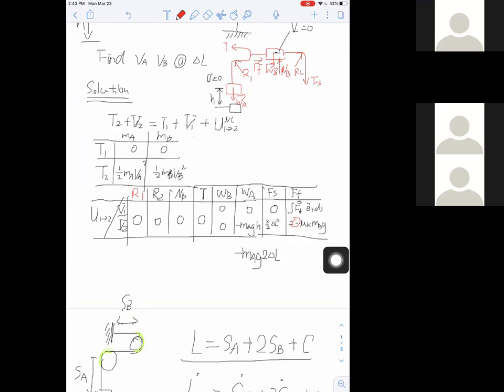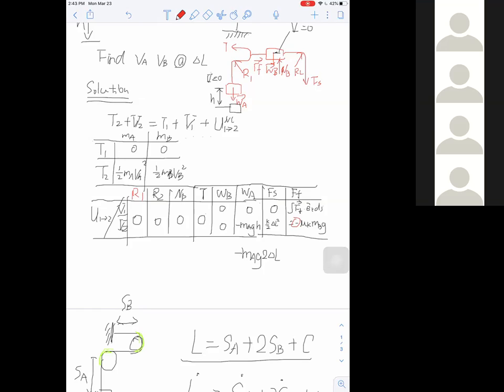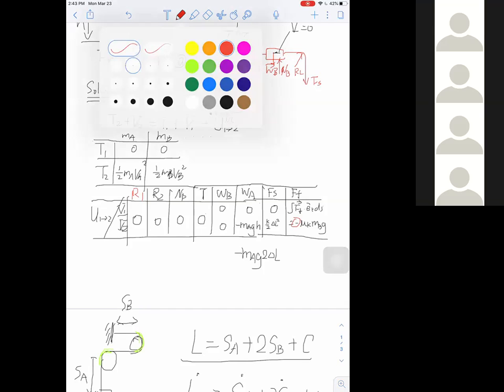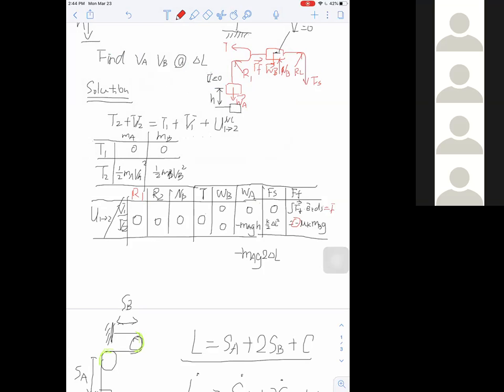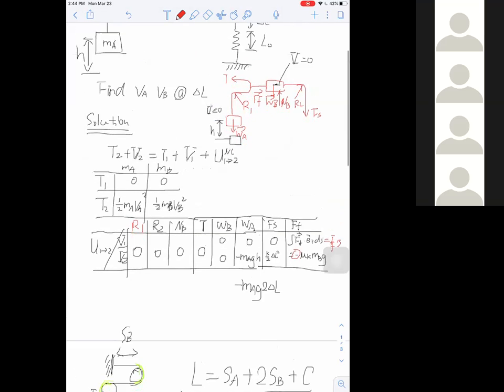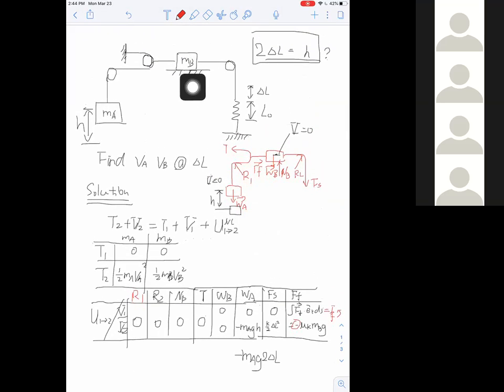Dr. L, for the work done by the friction force, wouldn't we have to multiply it by distance? Oh yes, good catch. So it equals Ff times S, where Ff is the friction force and S is the path over which the friction is doing work. So S in this case is how much your block B has moved in the horizontal direction.